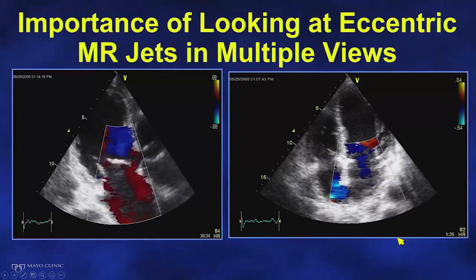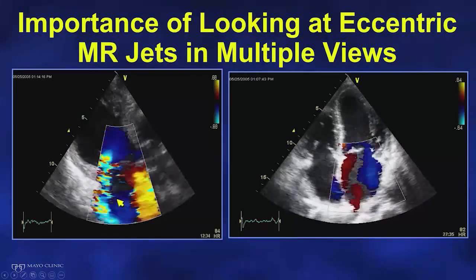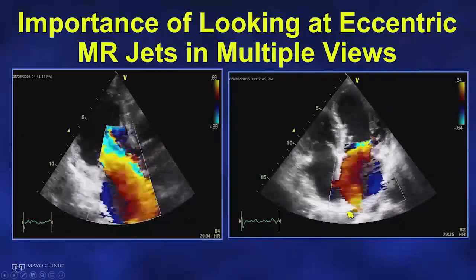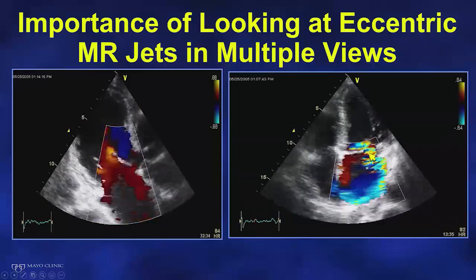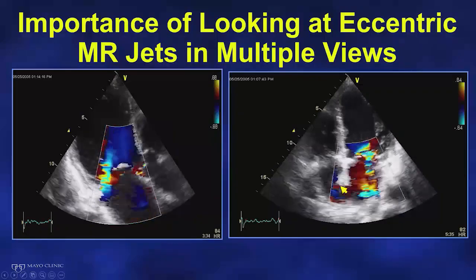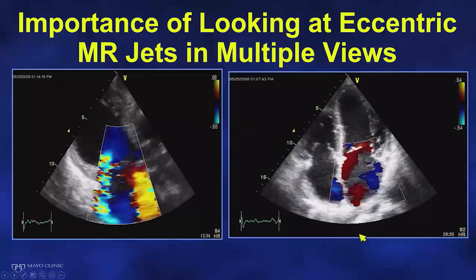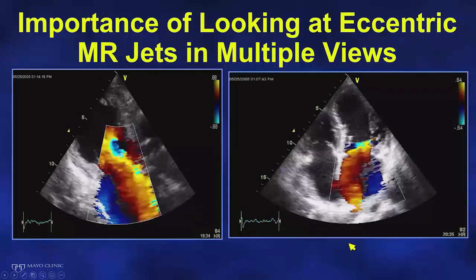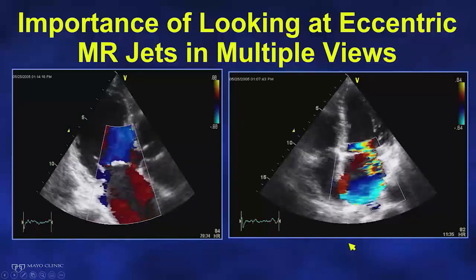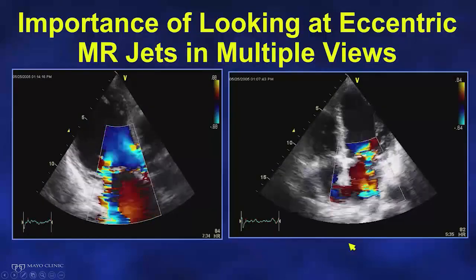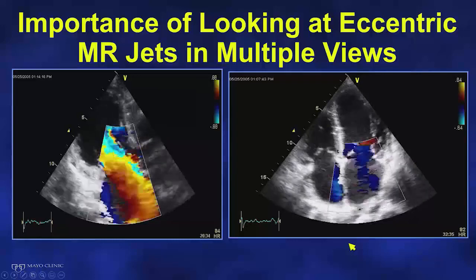Now, we can measure this in multiple views, looking at it and getting the full caliber of the jet, and I think everybody qualitatively would see how this jet wraps around the tip of the left atrium here, and we would know that this is severe. But nonetheless, it's a limitation, the size of the atria and the Coanda effect in eccentric jets.